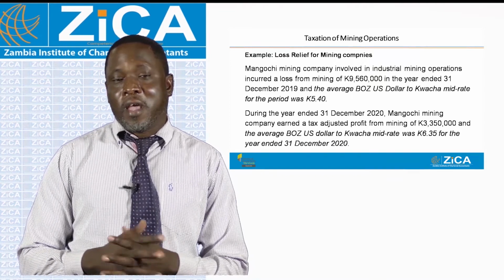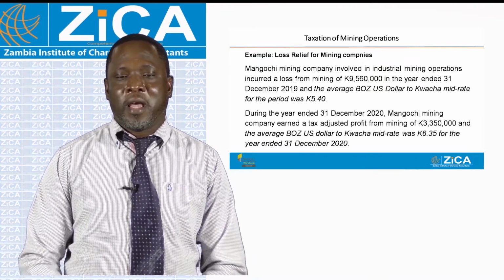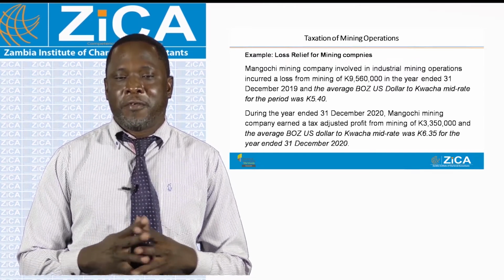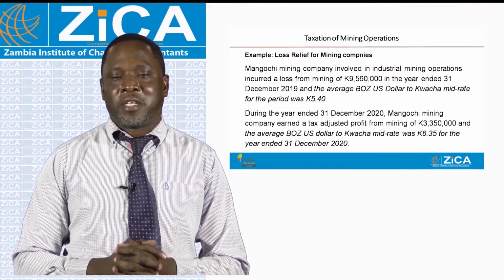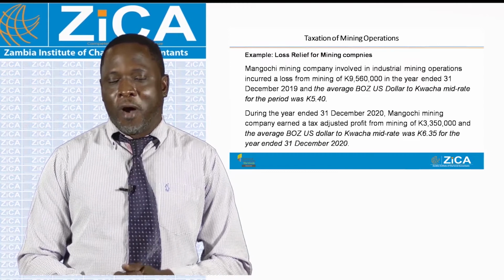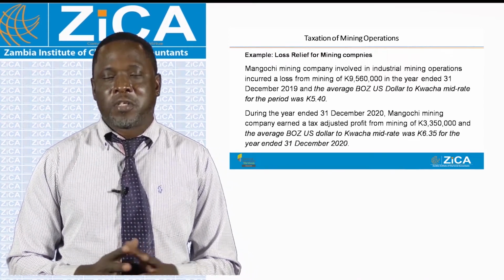During the year ended 31st December 2020, Mangochi Mining Company earned a tax-adjusted profit from mining of $3,350,000, and the average Bank of Zambia US dollar to kwacha mid exchange rate was 6.35 for the year ended 31st December 2020.